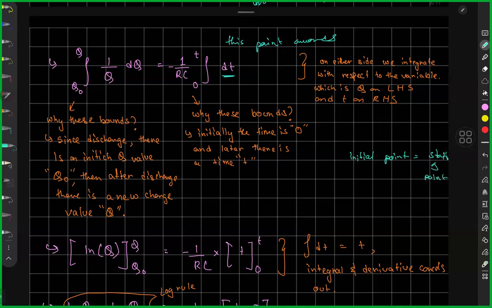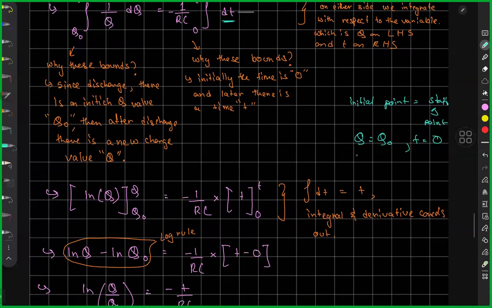What is the charge when time is equal to 0? The initial point for charge is Q naught, or maximum charge, and the initial point for time is 0 because time starts at 0.